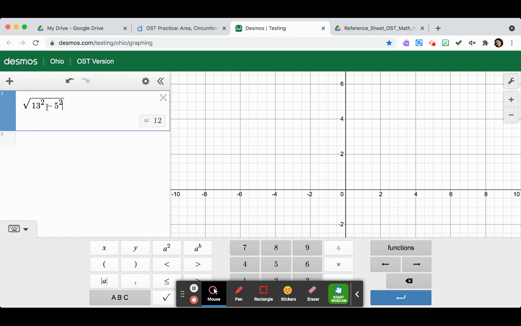Again, this is a shortcut for the Pythagorean theorem. You're going to do C squared minus A squared, take the square root. So the height of the triangle is 12.